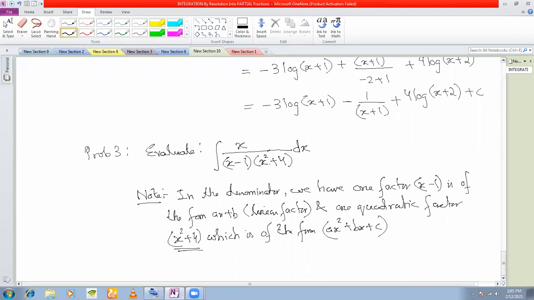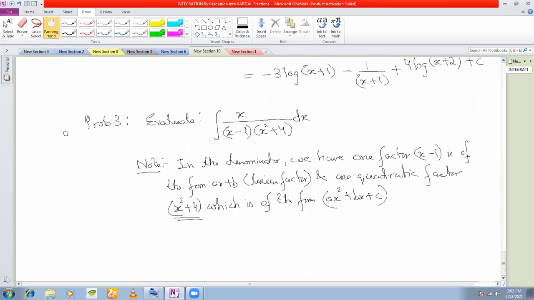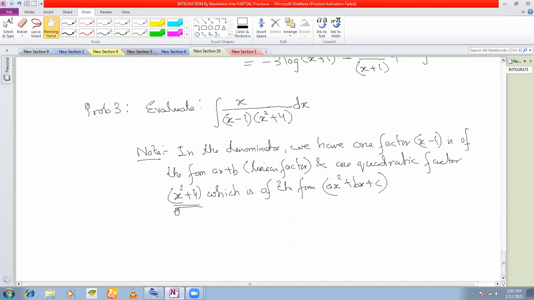Now see, can you factorize x square plus 4 into linear factors? No, sir. You cannot factorize x square plus 4. If you could, then it would have become very easy, just like the previous problems.